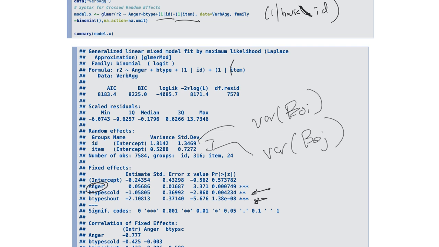You can think of them as log odds ratios comparing both those levels to the same baseline level, which would be cursing. And you can see the probability goes down, so they're less likely to have a response if you're scolding or shouting relative to watching the person curse. This is how you interpret it.